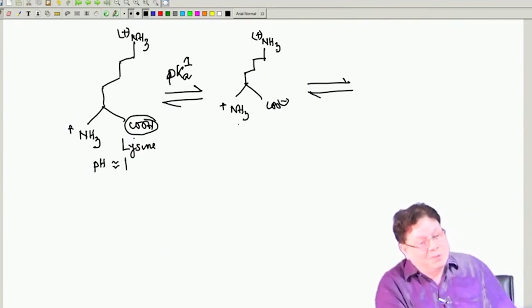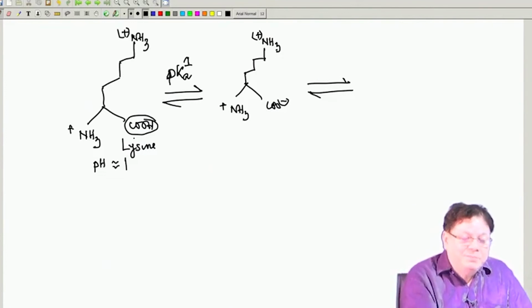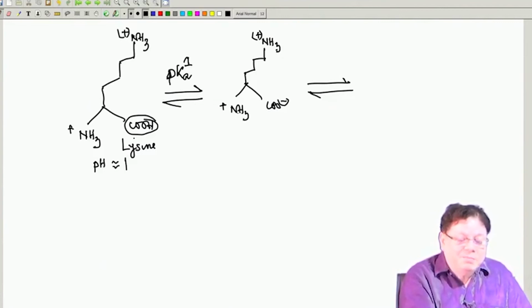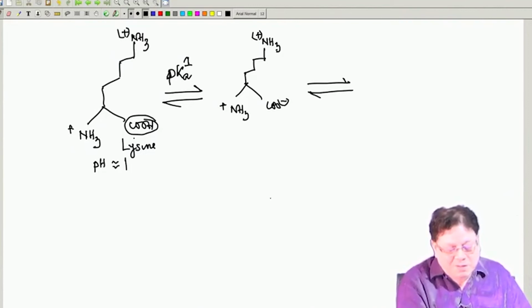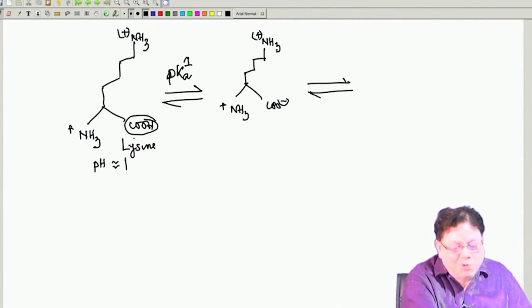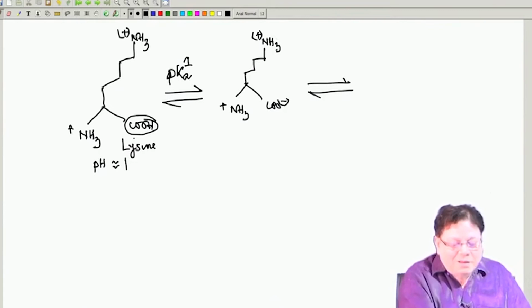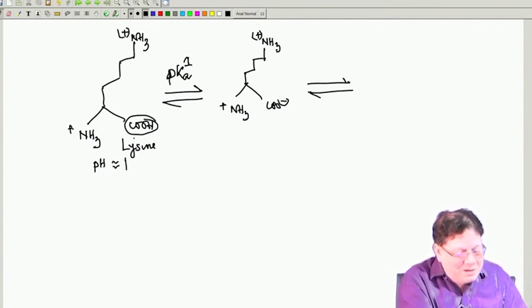Now, we have already said that this amine becomes less basic in an alpha amino acid because of the withdrawal by the carboxylic group. If it is less basic, that means its hydrogens are more acidic. You have to just go step by step.